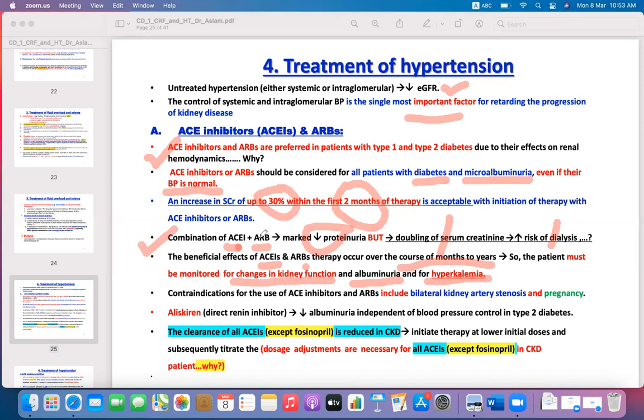If the patient has bilateral renal artery stenosis or pregnancy, then ACEIs and ARBs are contraindicated.